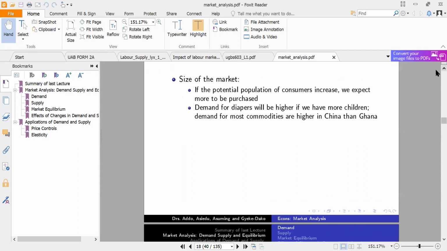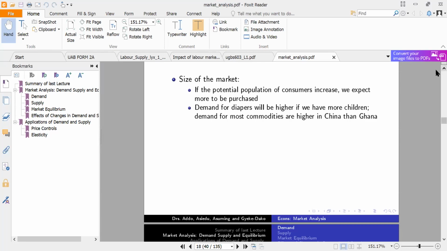Demand for diapers will be higher if we have more children. Demand for most commodities is also higher in China than Ghana. If you are selling an item in Nigeria, the demand for that product will be higher than in Ghana, on average, because they have a bigger population than us.